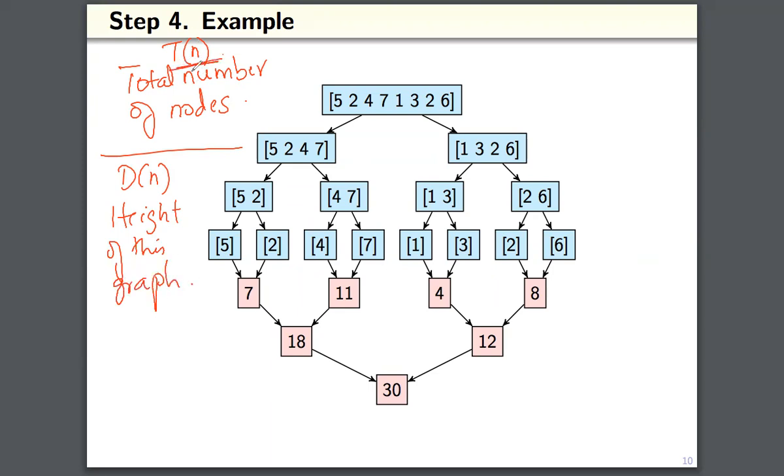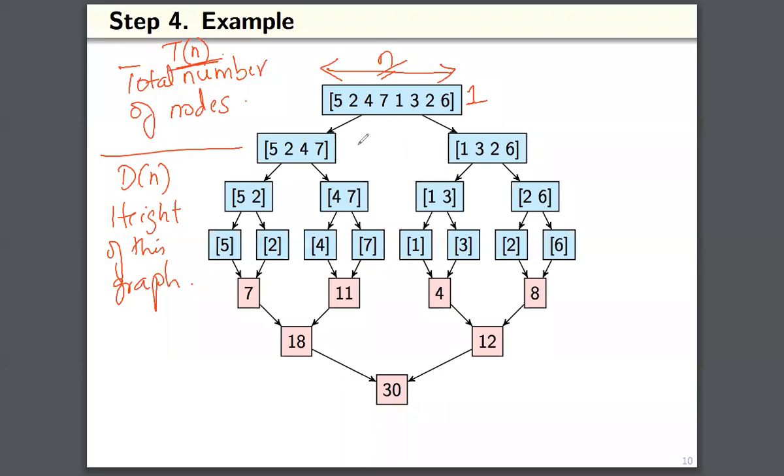Can you tell me what is the total number of nodes here? If the array is of size n, what is the total number of nodes? Is it n? This is n, right?